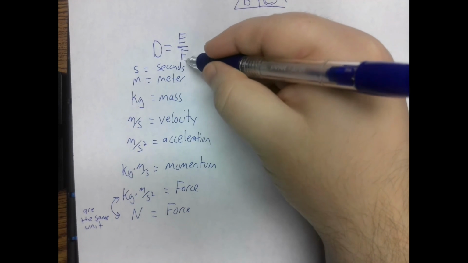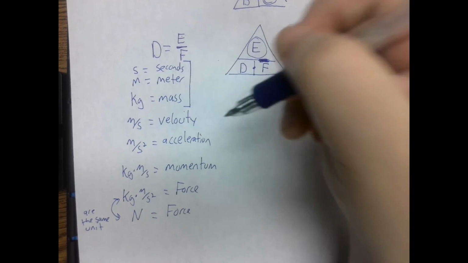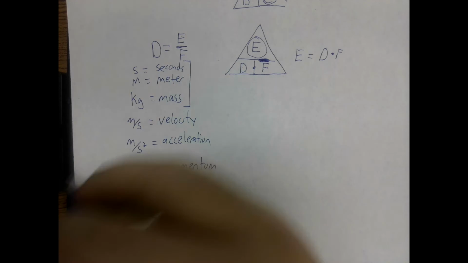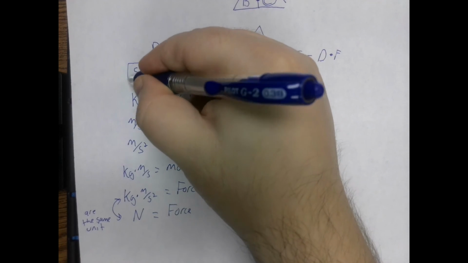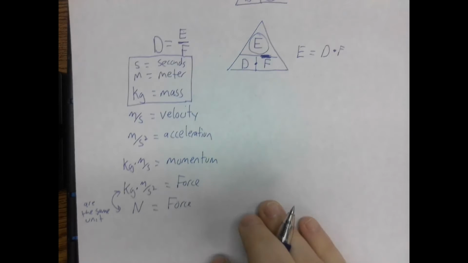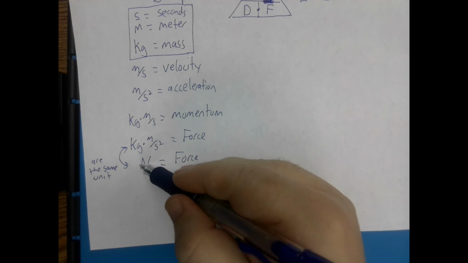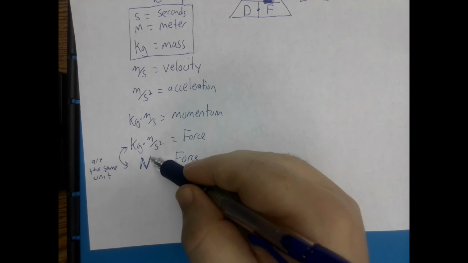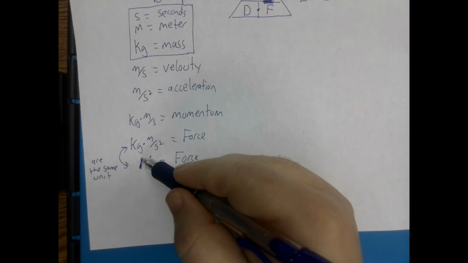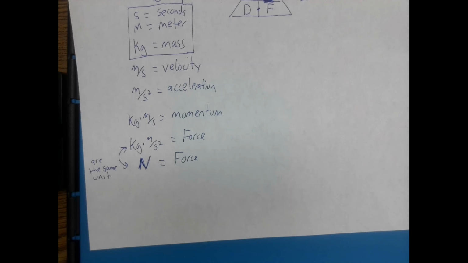So really all the units in this class are going to be based just on these three. Sometimes, when they start getting long and complicated, I will tell you another unit for it. For example, in the future, I'm going to be doing joule. You don't need to know this now. Yes, that is a unit of energy.